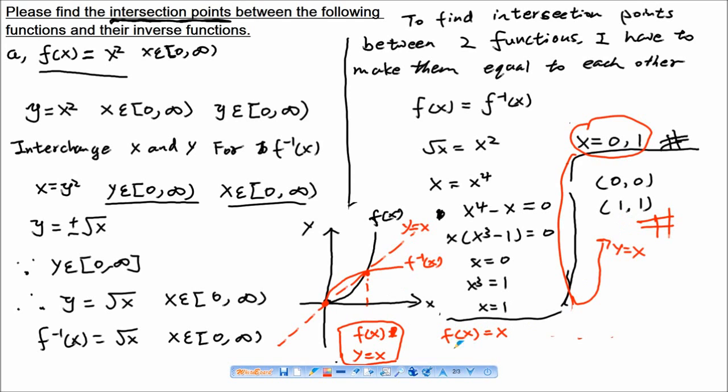In this case, the original function is x squared equals x, and I would have x squared minus x equals 0, and x times (x minus 1) equals 0. x is 0 and 1, which is the same answer.